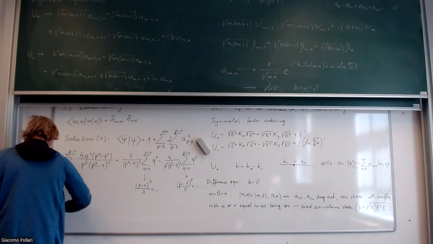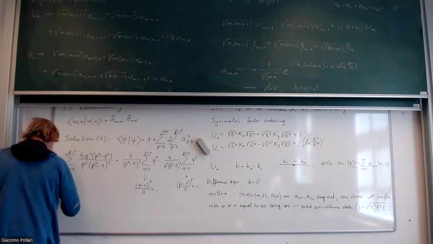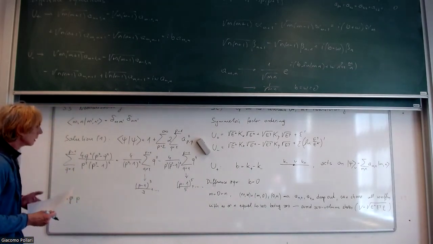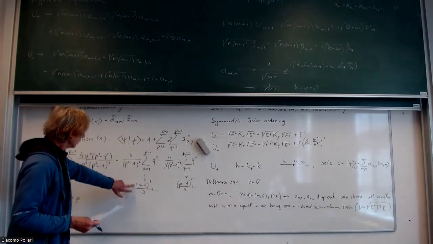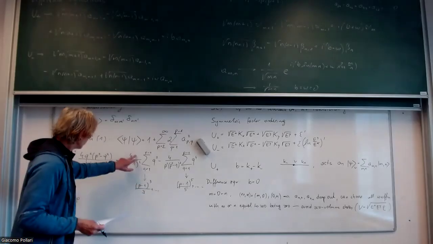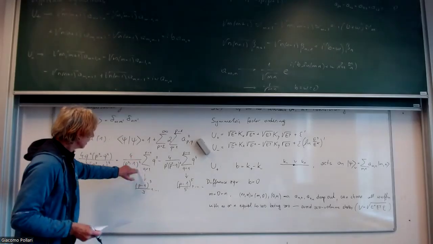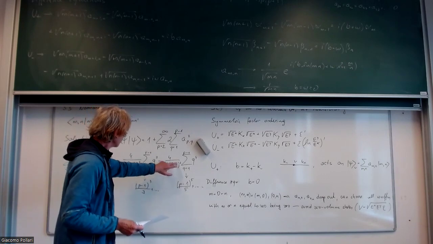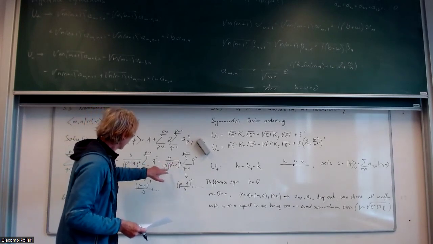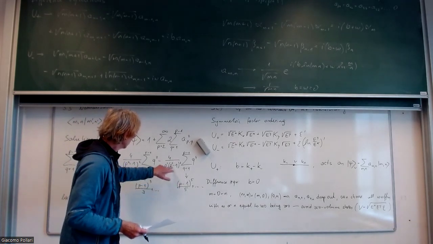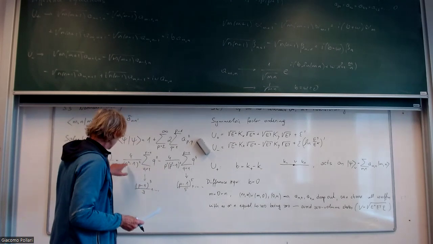For large p, or p much larger than 1. When we here insert p minus 1 to the third, we get p minus 1. Here we get approximately p to the fourth, p squared.